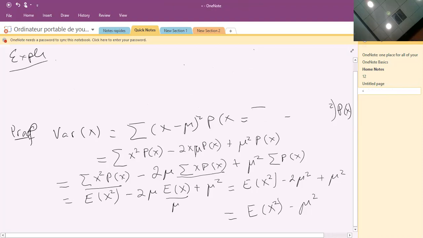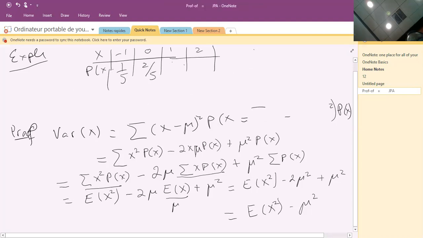If we take that example, x: negative 1, 0, 1, 2, with p of x: 1 over 5, 1 over 5, 1 over 5, 2 over 5.